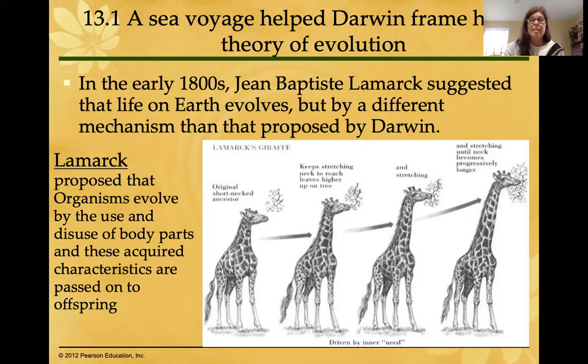And so as the giraffe stretched and stretched to reach the higher leaves, the neck stretched. And then this acquired trait, as this giraffe obtained this long neck from stretching, this would be the acquired trait.